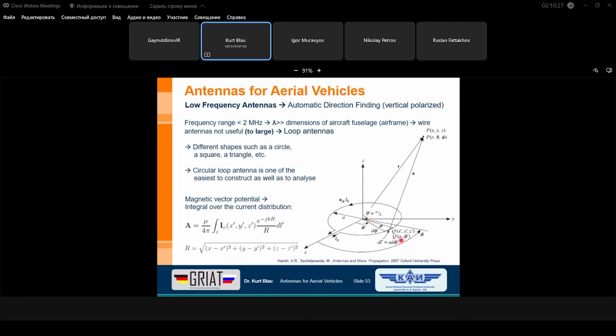Meaning along the wire of our loop, this is the direction of our E field. The E field is swinging in this plane here, and not in this plane. This is the H field. This is the E field.